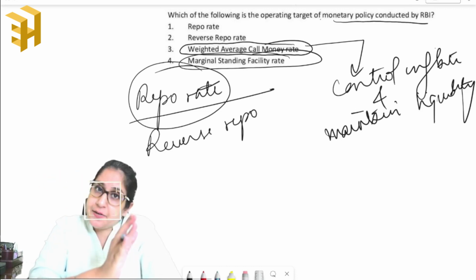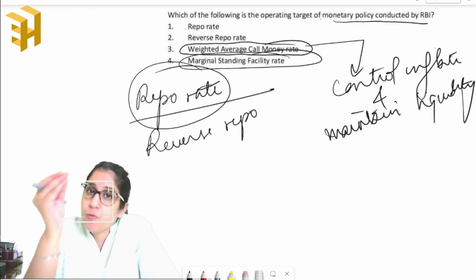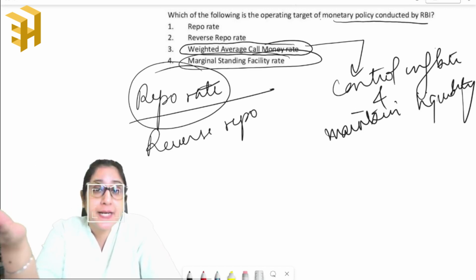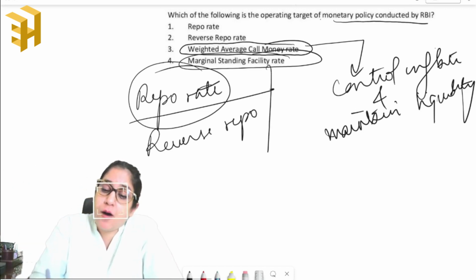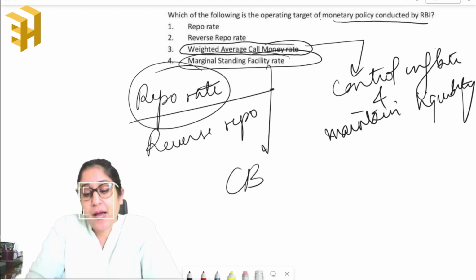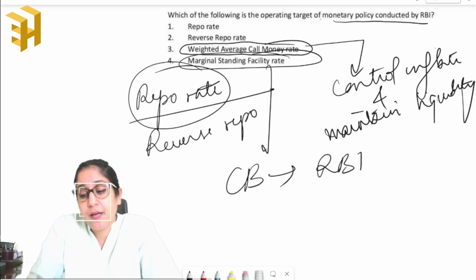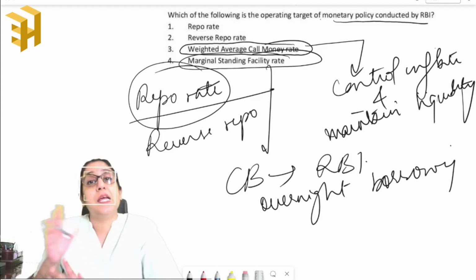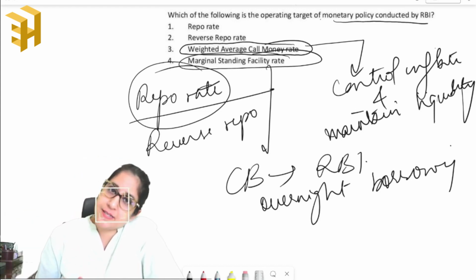So the rate for an overnight borrowing which the commercial banks have to pay to the RBI is your marginal standing facility rate. So here the commercial banks pay to the RBI for the overnight borrowing requirements. Okay, and this is used when the interbank liquidity dries up.